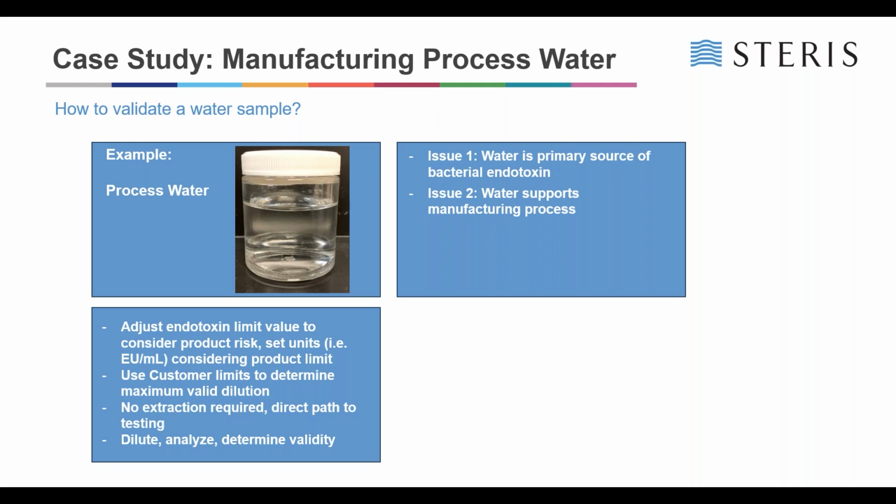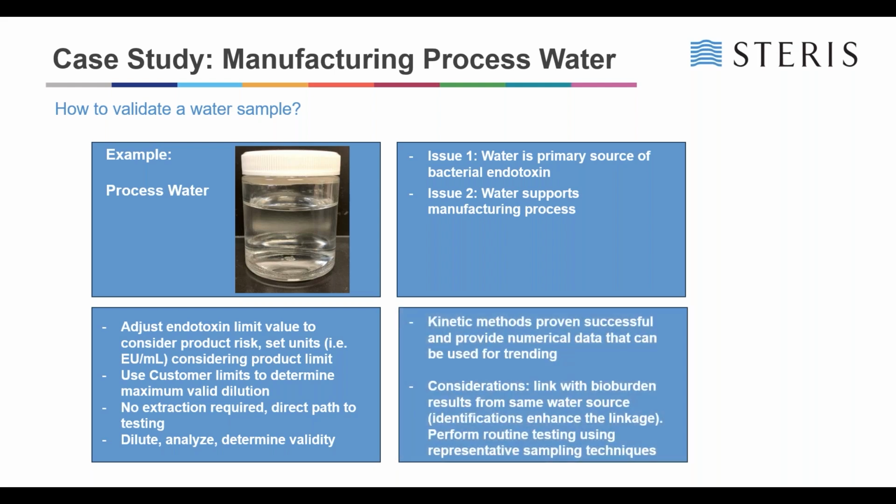And it's a simple dilute, analyze, and then determine the validity of your test. The most successful methods with these are kinetic methods. They've been proven successful, and they provide numerical data that can also be used for trending considerations.